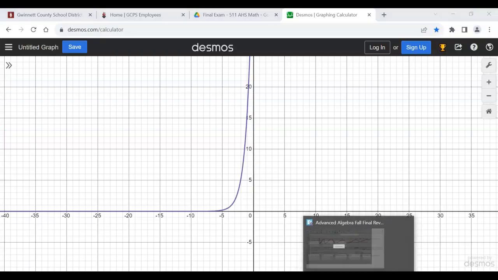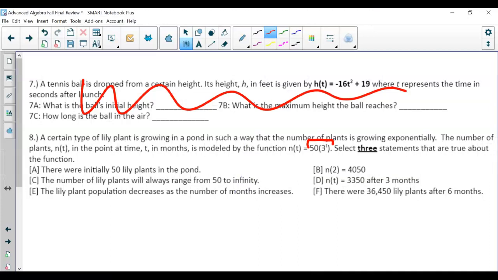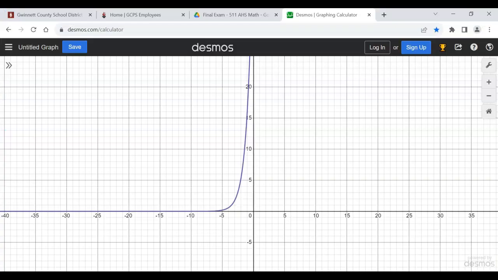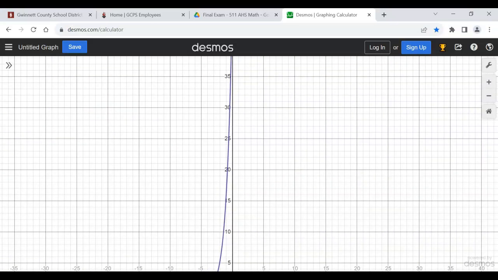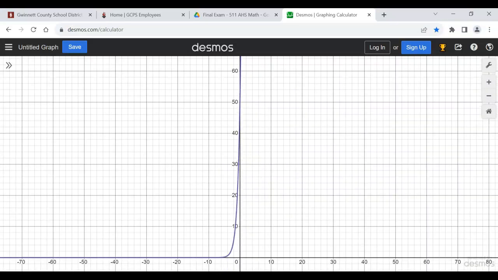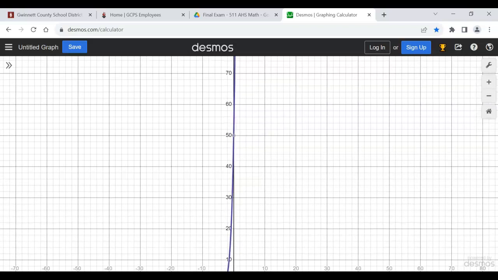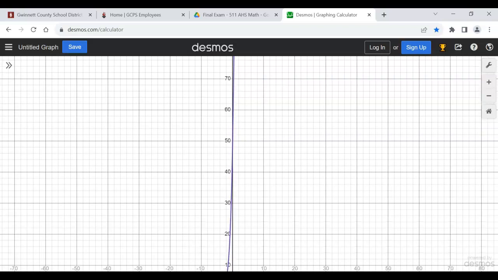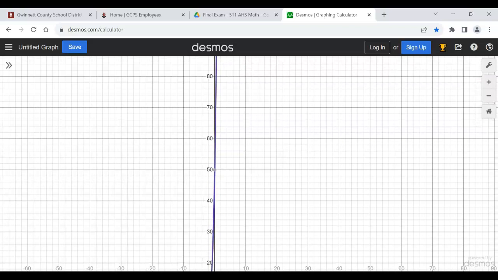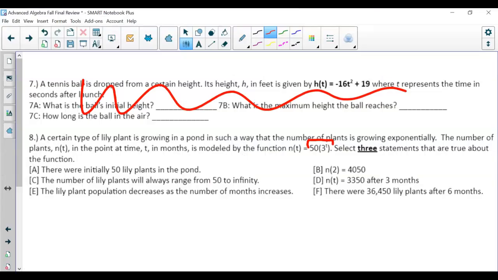Now keep in mind, this situation is talking about lily plants growing in a pond. So can we have a negative amount? No. So we are starting at the y-intercept, which is here at 50. That is the start. Then constantly going up from there. So again, starting at 50 and going up. So there were initially 50 lily plants in the pond.